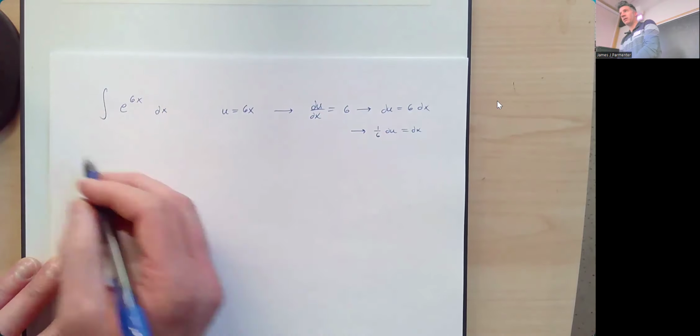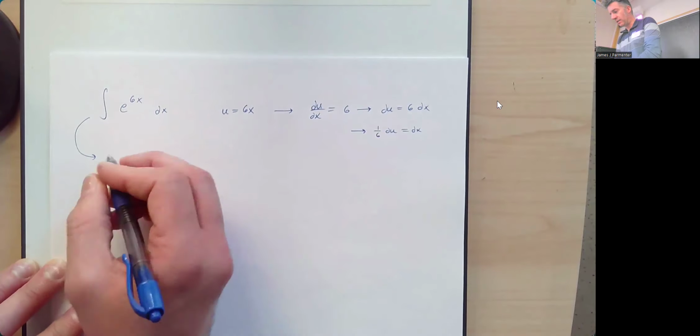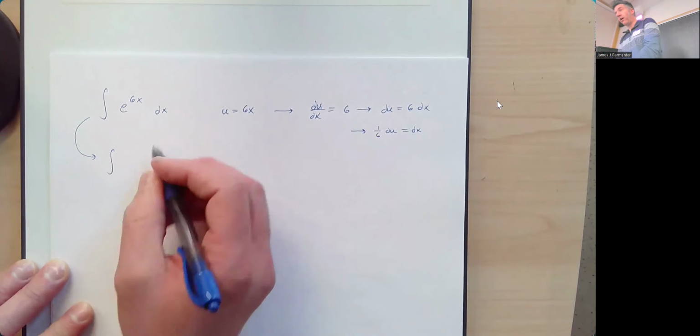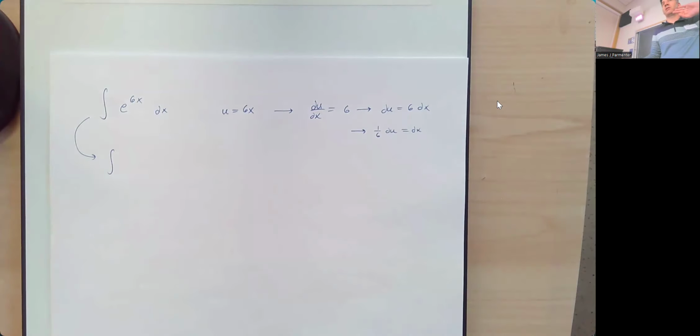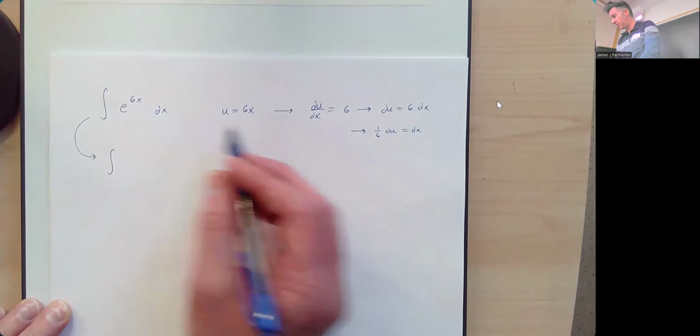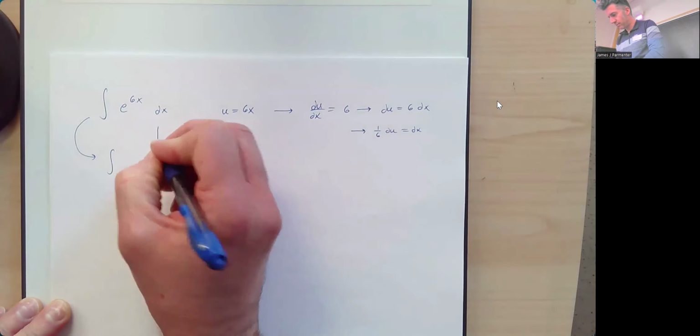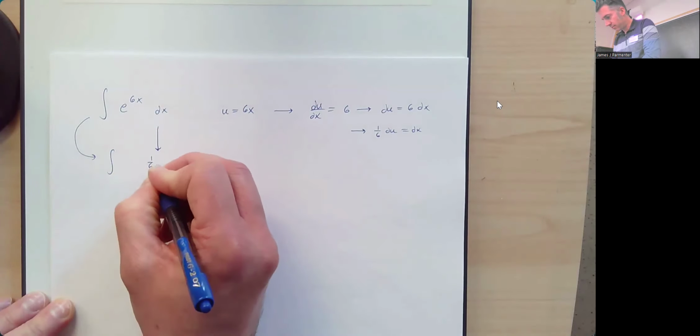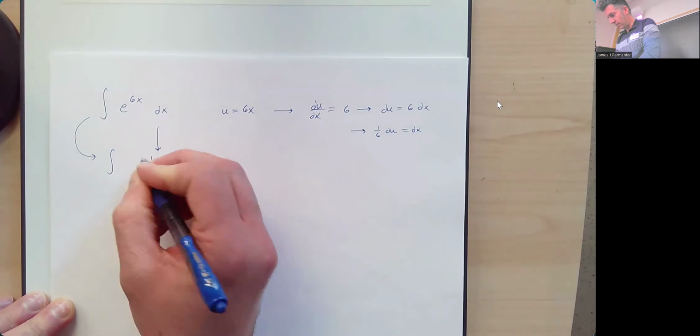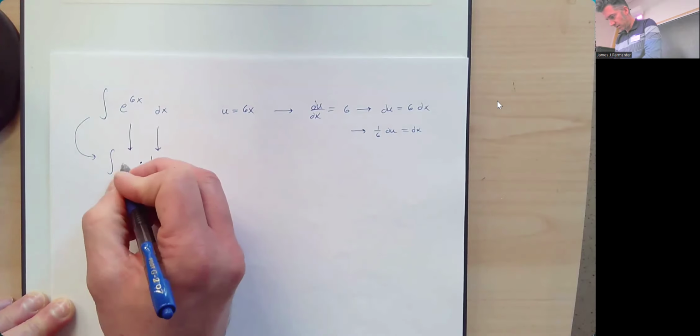And then I would rewrite this. I'm always changing dx first, even though I could probably be okay with not doing that first. I'm still going to make sure that dx becomes 1/6 du, and the e to the 6x is going to be e to the u.